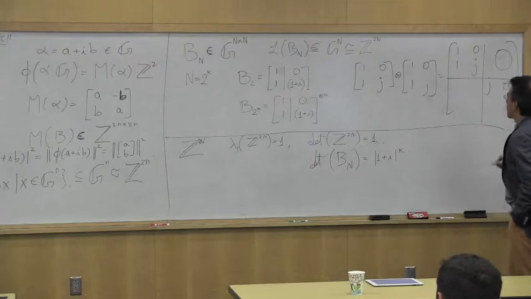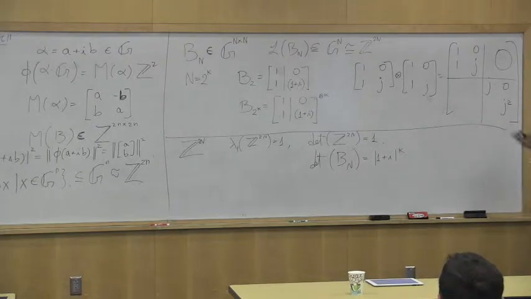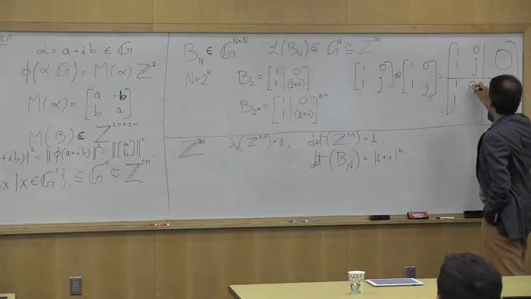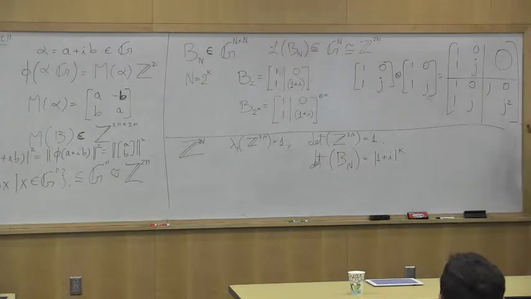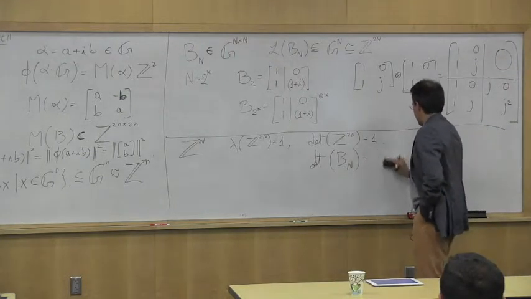And if you want to write all of it, here you have a copy of 1, 0, J. So the determinant is J to the 4. So it's not, okay, that's not the general value, but you can compute it.